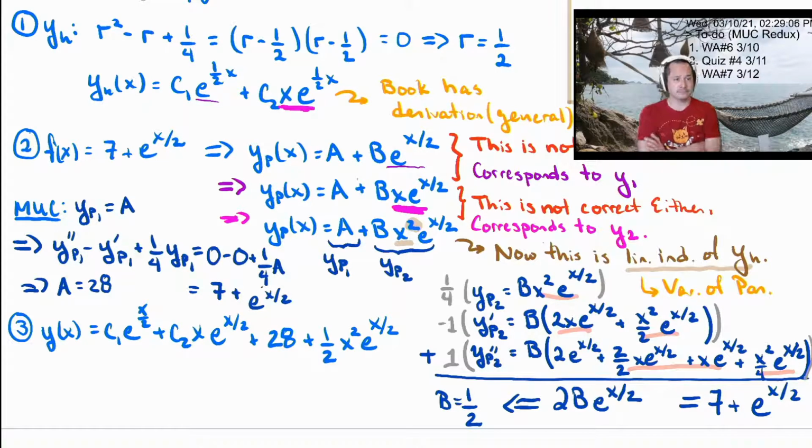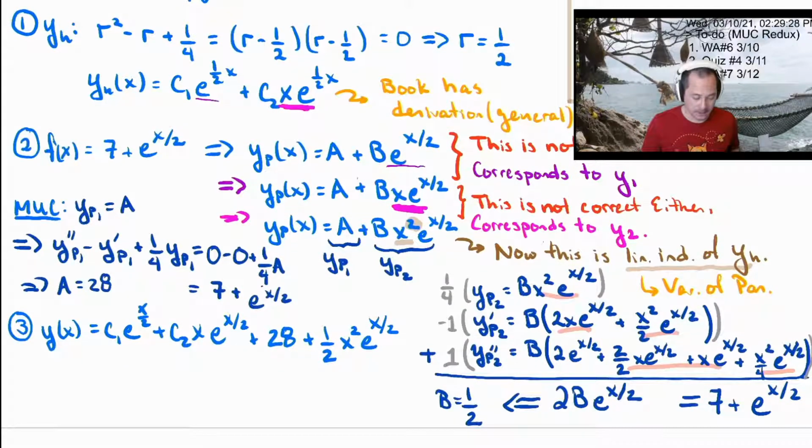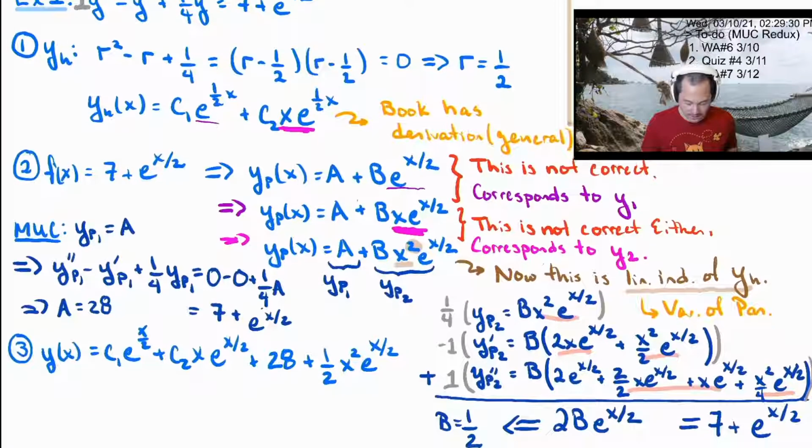All right. There's one more kooky method of undetermined coefficients problem that I'm going to need to tell you about, but right now, nah, I don't know. Maybe we should do it. I think we should do it. Okay. I'm going to do it. Let's get this all frozen here.